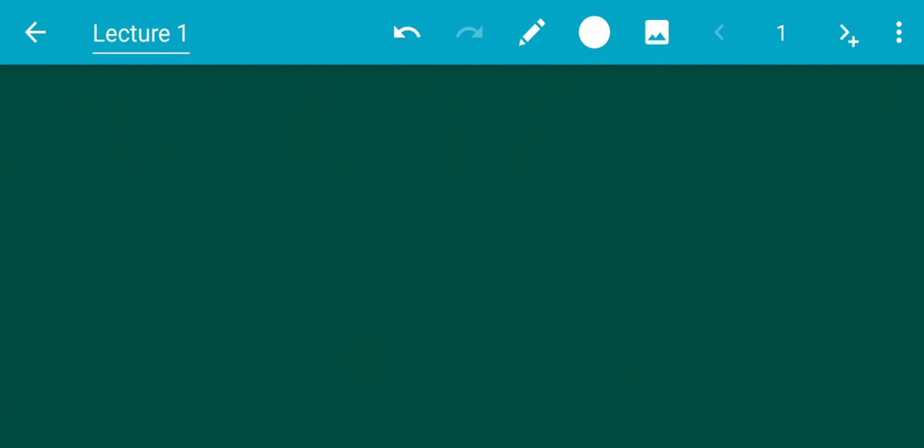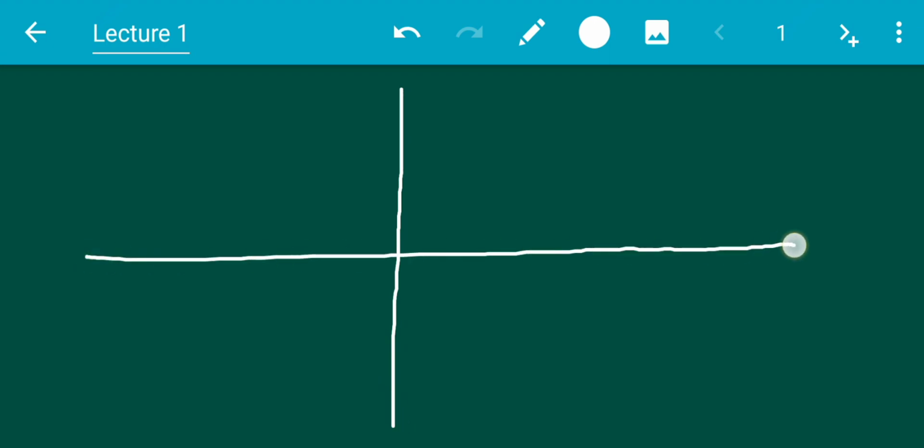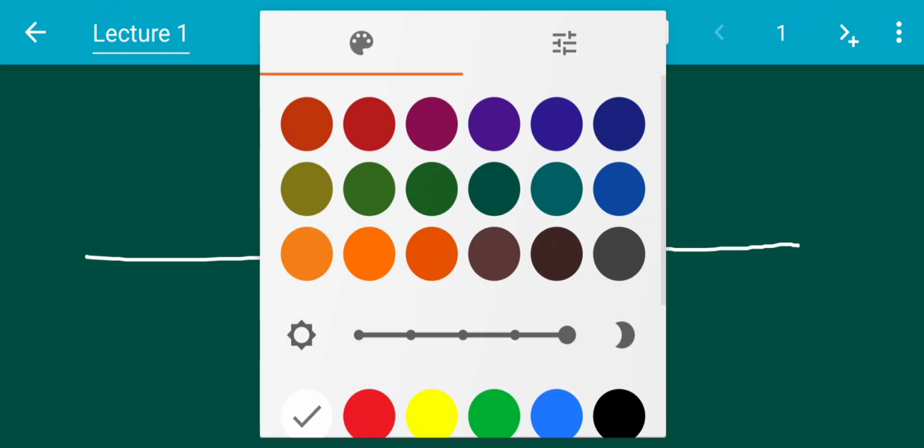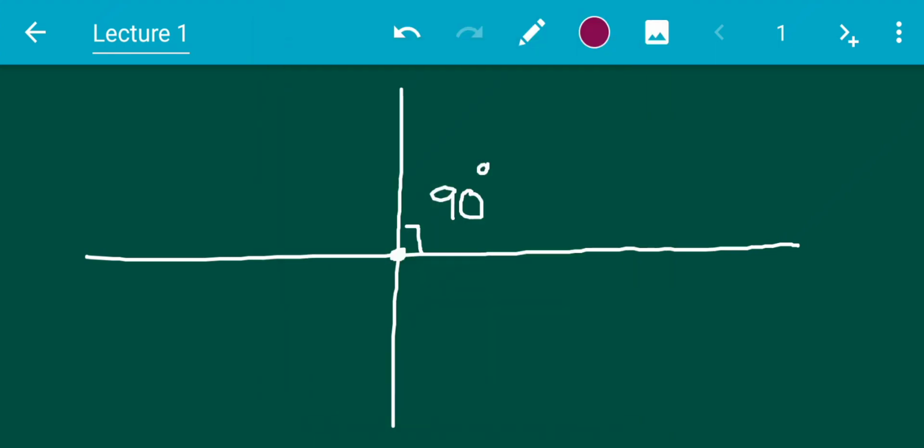Now what is that? So let us draw. Suppose this is a line, this is another line, so there is a 90 degree angle between them. Okay, so this is called mutually perpendicular lines. This is a point of intersection. So this point is called origin.